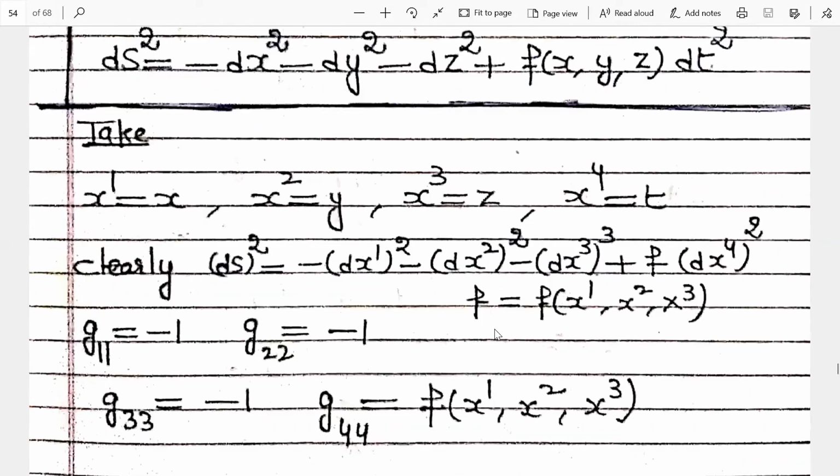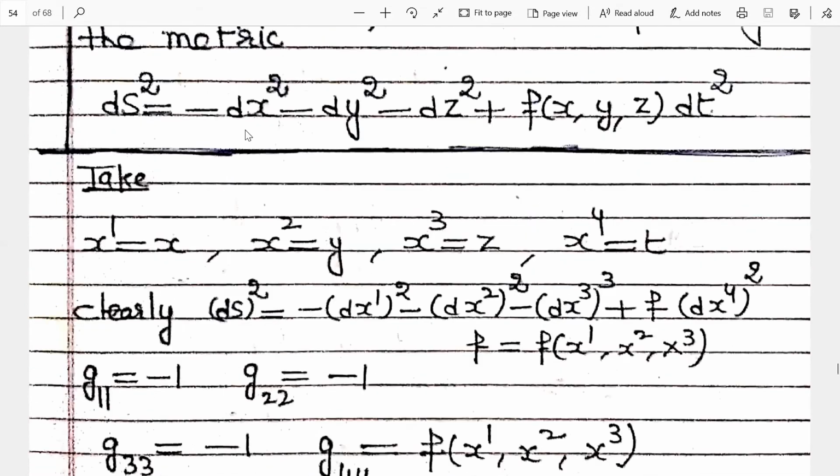Now this function f, which is a function of x1, x2, and x3, because it was a function of x, y, z, right? So now from this we get the diagonal entries g11 as minus 1, g22, g33, and g44.